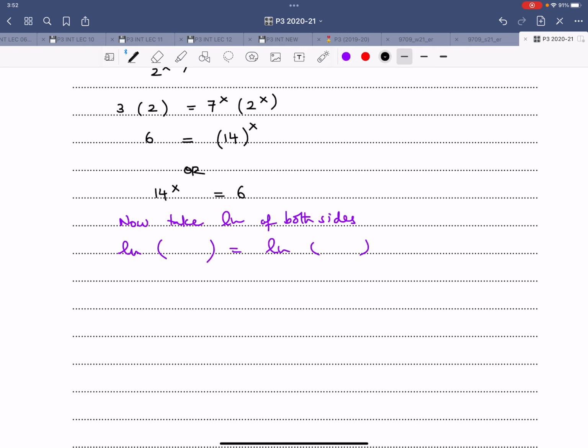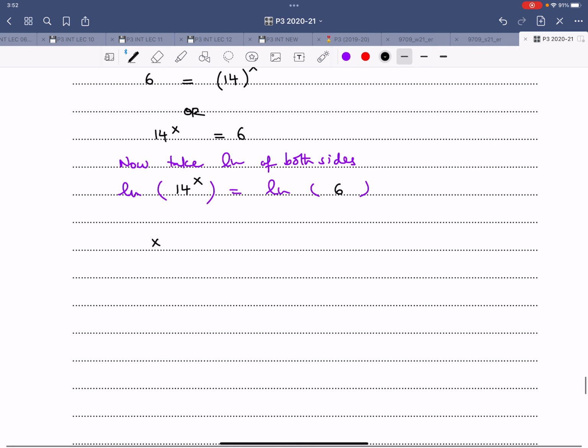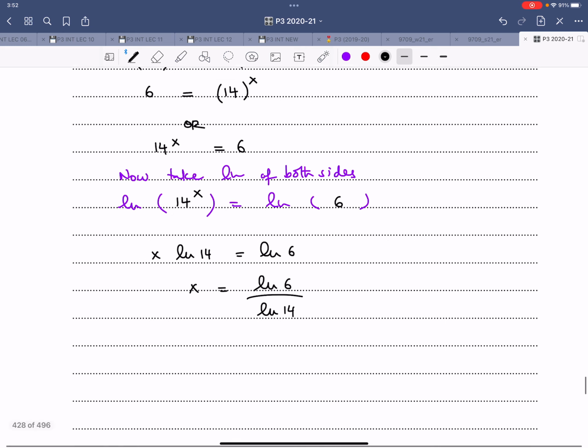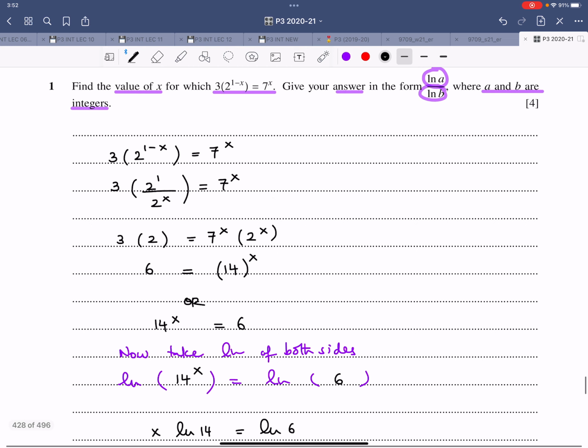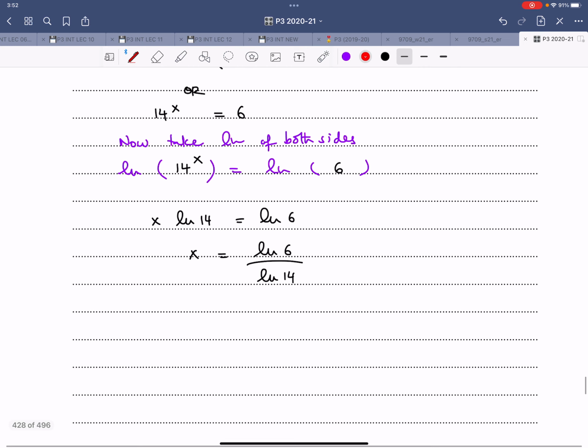So when you take natural log of both sides, ln something, what is something on the left? That is 14 raised to power of x. What is something on the right? That is 6. x ln 14 equals ln 6. x comes out to be ln 6 divided by ln 14. Is it of the form ln a over ln b? The answer is yes.